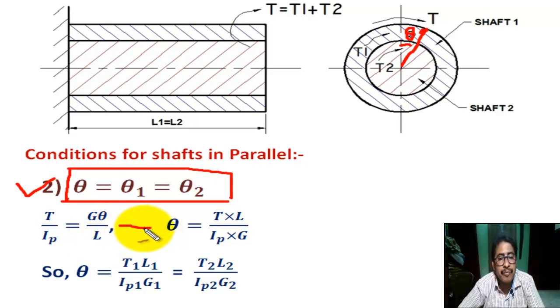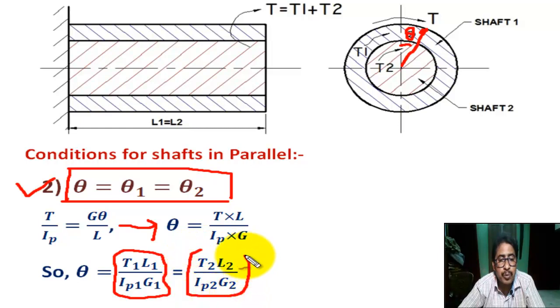From this equation, theta equal to T into L by IP into G. So theta 1, T1 L1 by IP1 G1, equal to theta 2, the angle of twist for shaft 2, T2 L2 by IP2 G2.